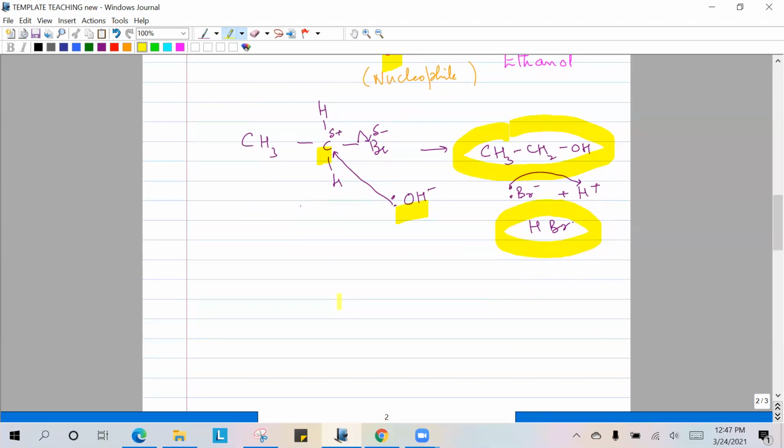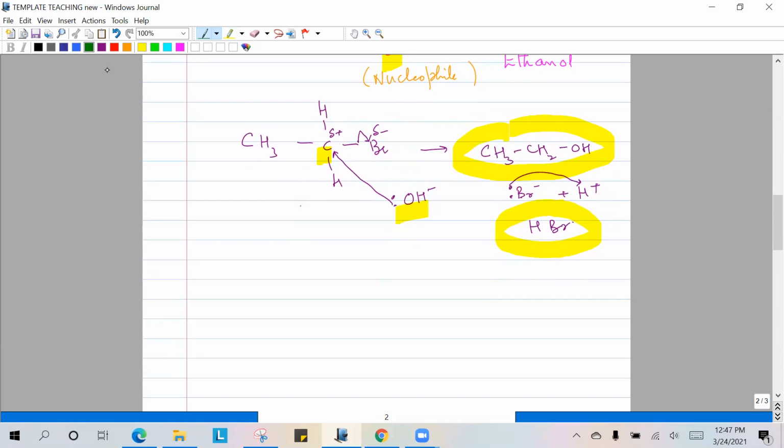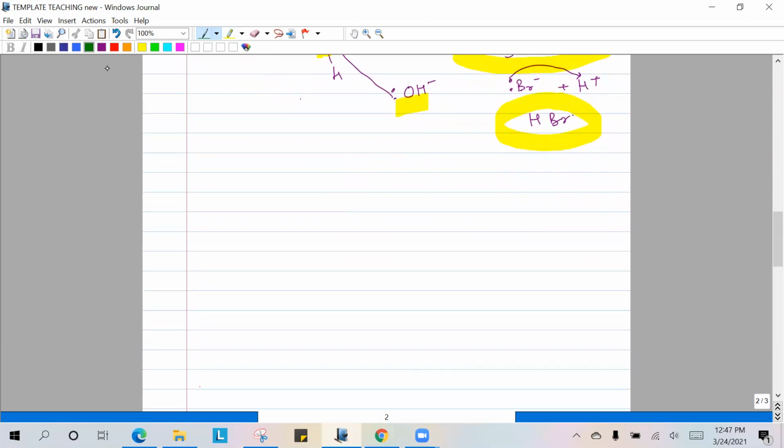That is the overall way the reaction takes place, but you need to talk about only the actual reaction.